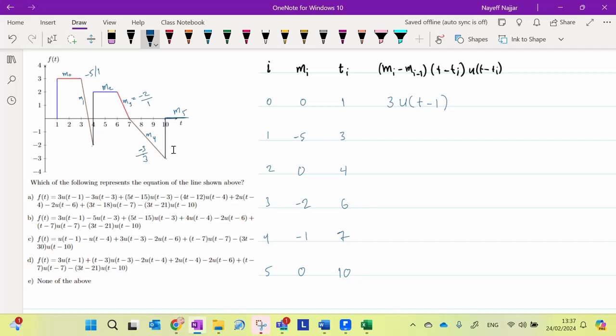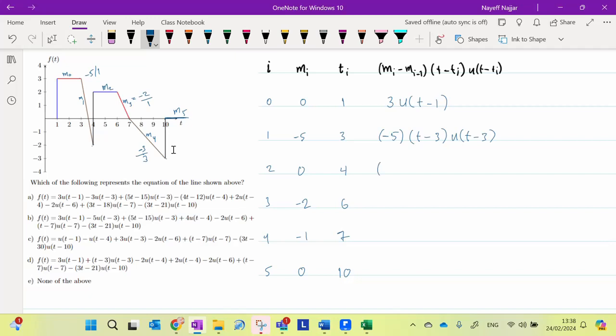Okay, so the next one is going to be -5 -0, that's -5. Always the current slope minus the previous slope. This is the previous slope, -5 -0. Okay, and then this is t -3, u(t -3). Okay, and then the next slope: here I'm going to write this slope minus this slope.